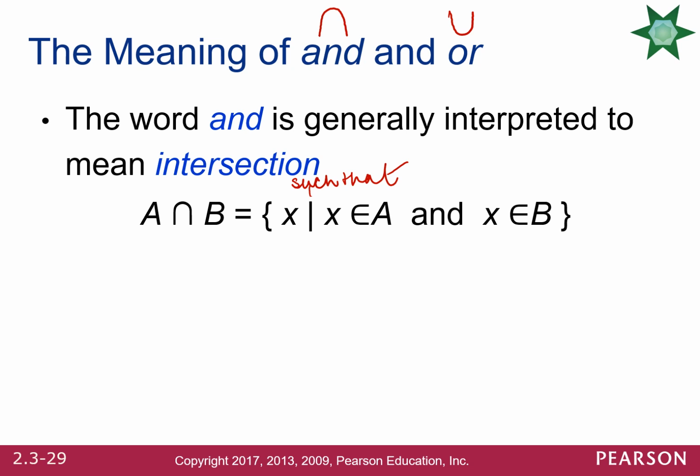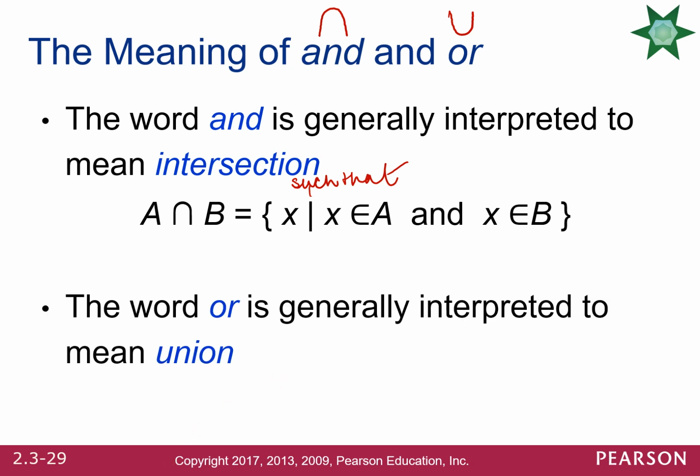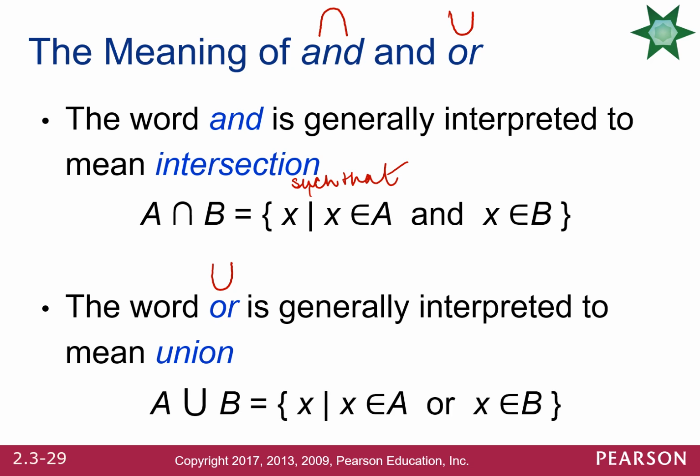Now let's look at what the word "or" is interpreted to be. The word "or" is generally interpreted to mean union. The symbol to denote "or" or union is this U symbol, correct? So in set notation, this is what it's going to read like.